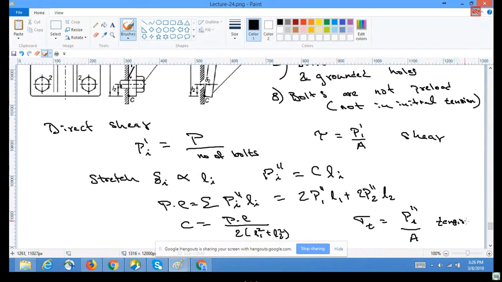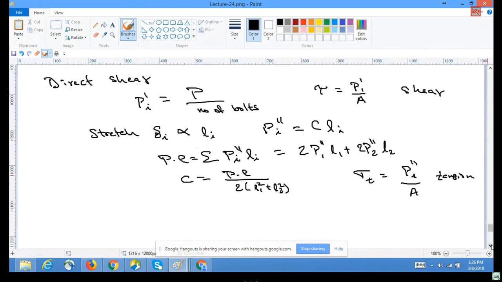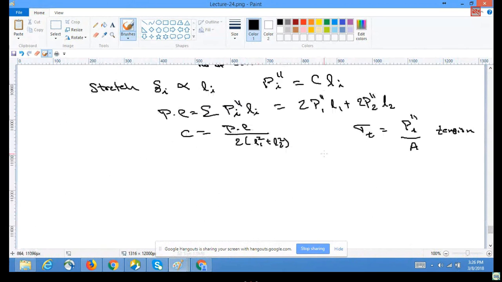But this is shear and this is tension. So in order to solve, we need an equivalent tension or equivalent shear. So we can write that, based on the principal stress theory, our sigma 1 is equal to sigma T by 2 plus the square root of (sigma T by 2) whole square plus tau square, which is our principal stress.